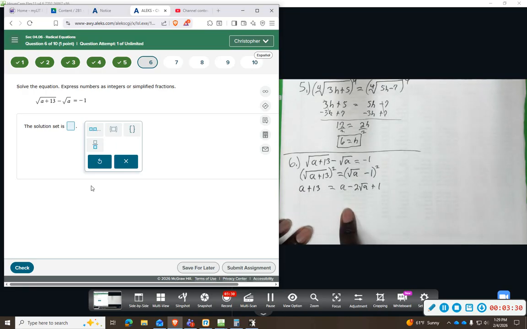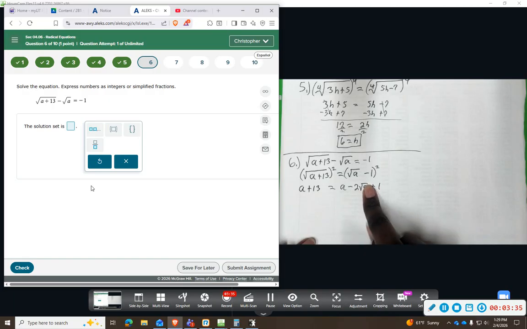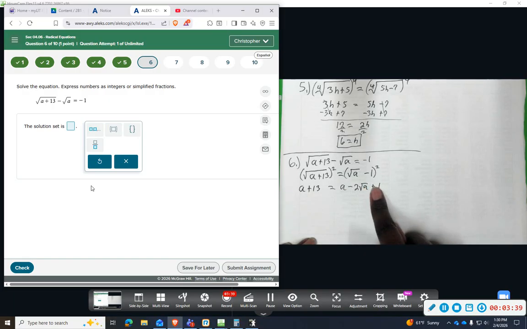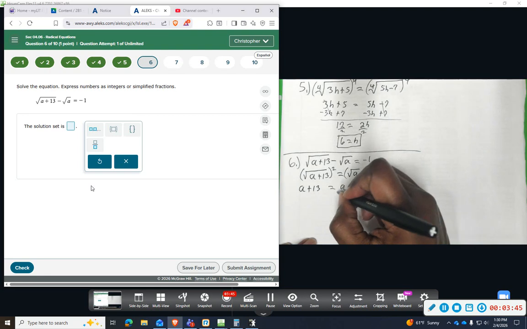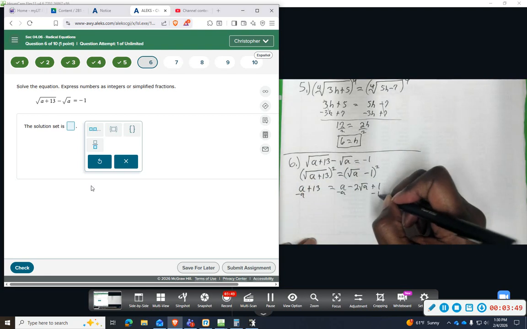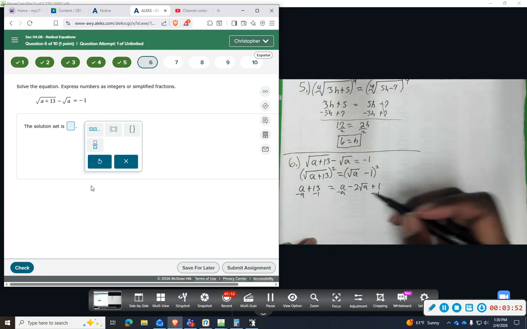Now when you get through that part, we're going to isolate this radical now. So I'm going to move the a term over, move the constant over, and then once I have this square root isolated, I'm going to square again. I'm going to subtract a. I'm going to subtract 1. Okay. So the a minus a zeroes out on both sides.